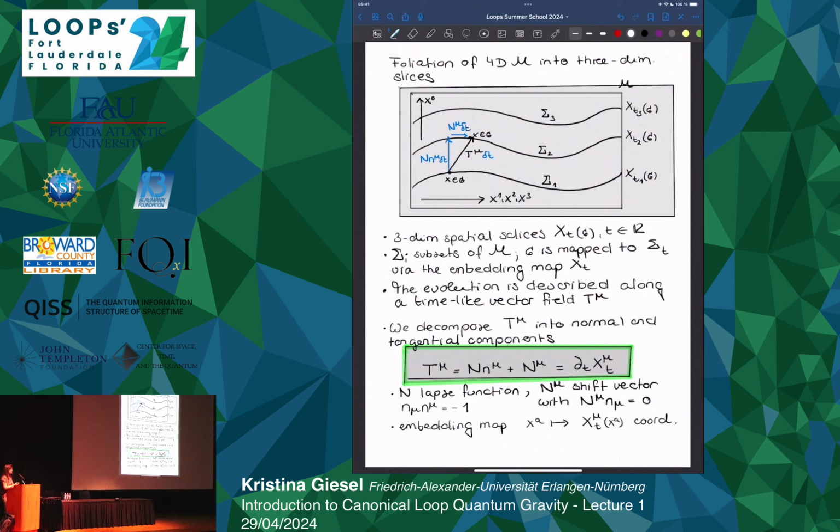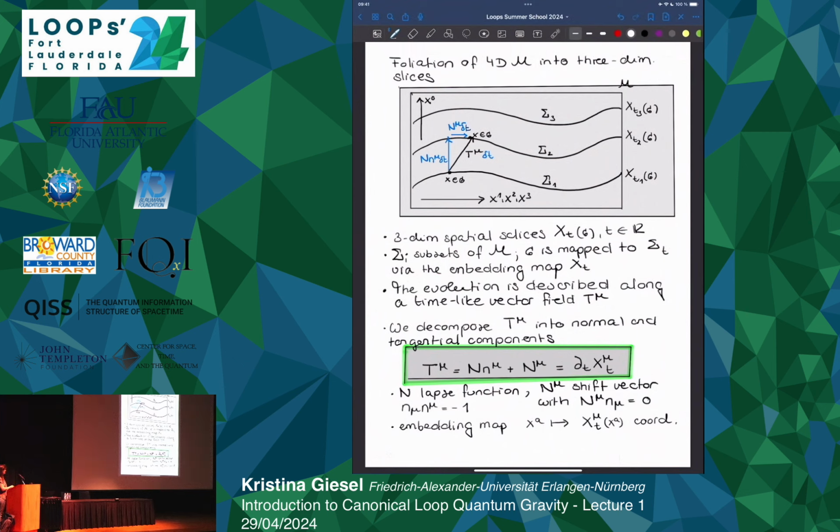Now the time evolution is along a time-like vector field, which I call T^mu here. And we can split this vector field into its normal and tangential direction. So the normal to, let's say, the sigma 1 hypersurface here is n^mu. And then you split T^mu into its normal and tangential direction.